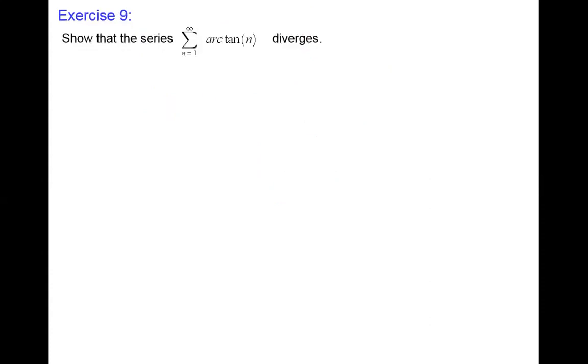What about this one? Arc tangent of n, that's my a sub n. Let's check the limit at infinity of a sub n, the limit of arc tangent of n.